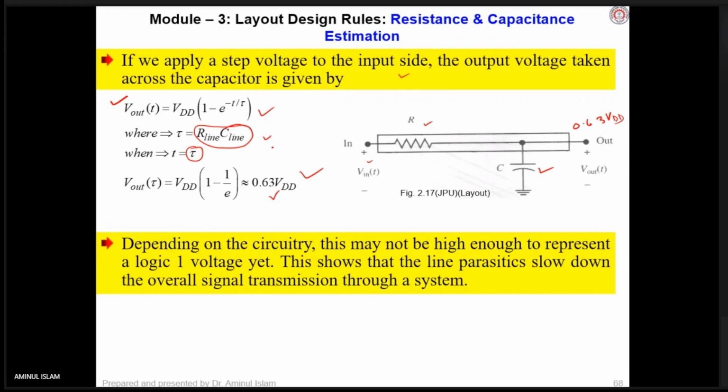When t equals tau, we get V out equals 0.63 VDD, not full VDD. If your RC time constant is equal to t, then you get only 0.63 voltage at the other side of the interconnect. So to reach up to 100%, it takes more time.